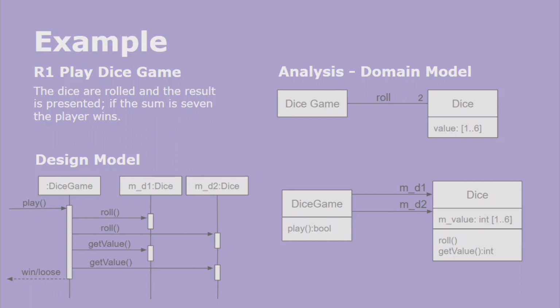It's not called something else than dice and dice game suddenly. We keep the flow of the requirement in this more dynamic interaction diagram here. We roll and we get values and we play, all stuff that's actually also in the requirement, in the real world example here.